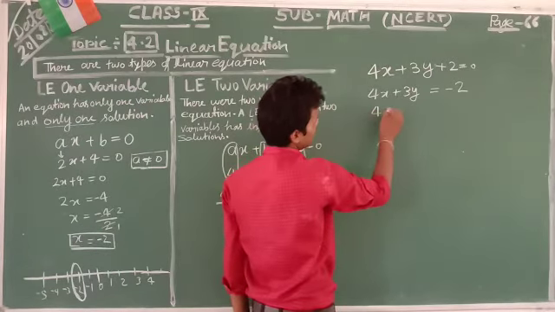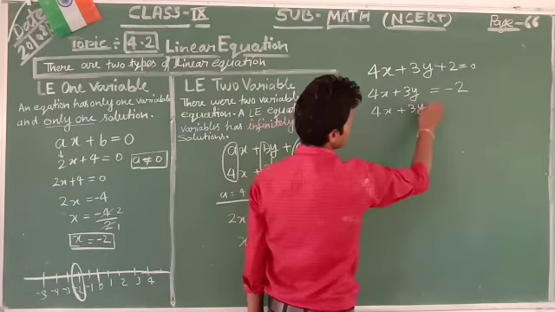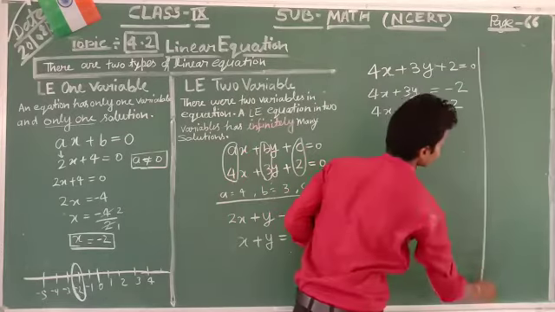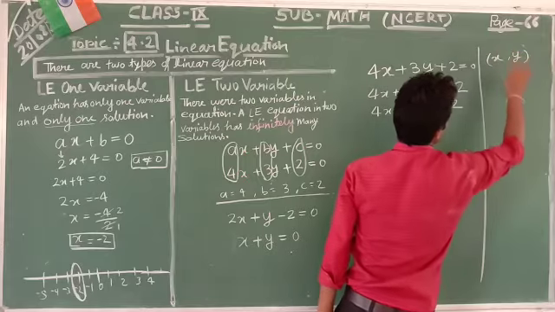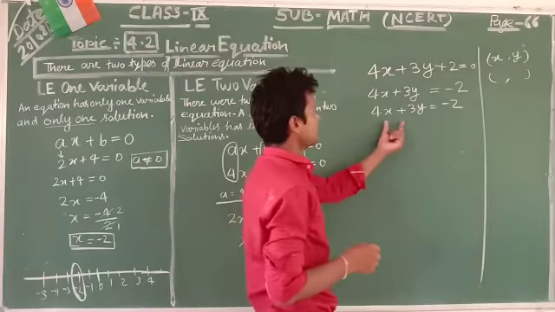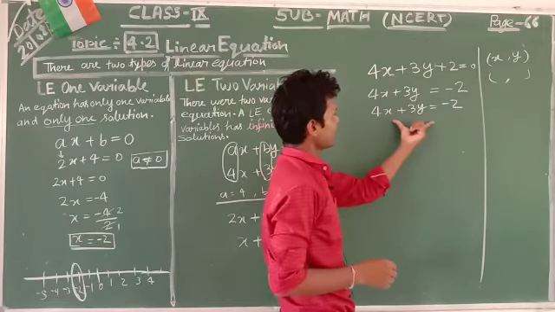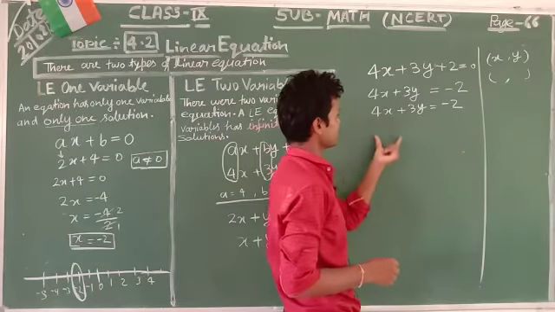Now write here 4x plus 3y is equal to minus 2, and you think in your mind of x and y values. You put the x and y values here and you get the same LHS and RHS.